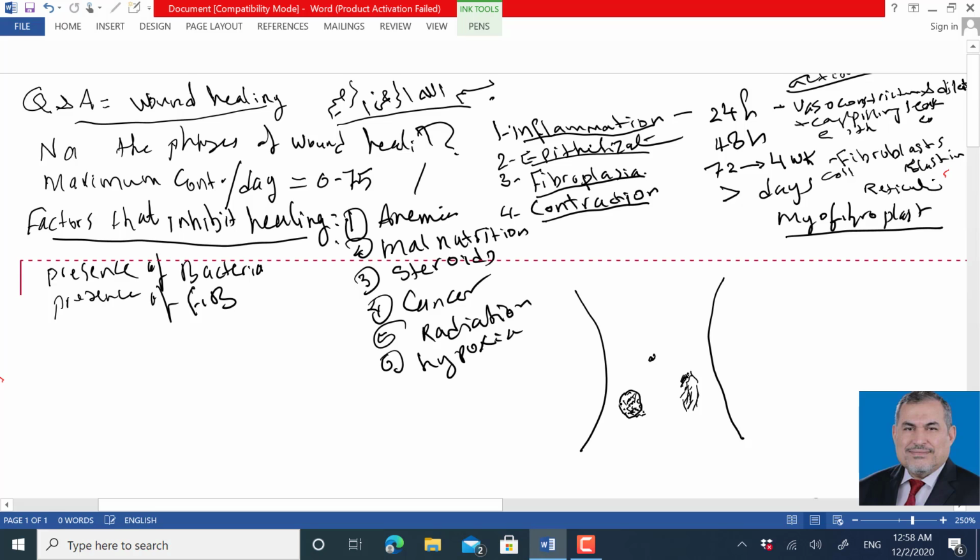Which wound contracts better, circular or square? More contraction happens in the square. Circular has less contraction. That's why we use a circular incision, for example, in colostomy. Circular means less contraction, so it doesn't get strangulated and cause obstruction. Okay.